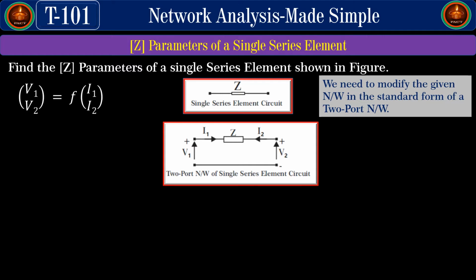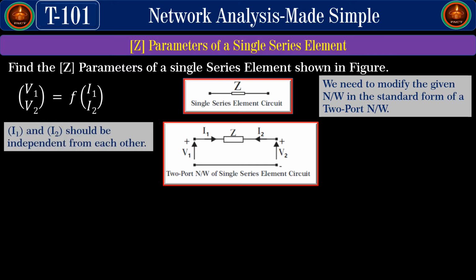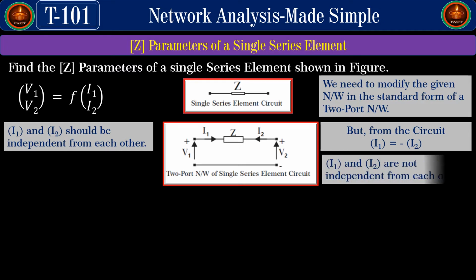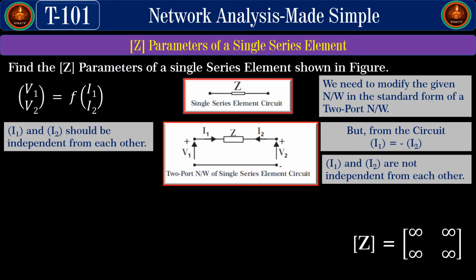You also know that in case of Z parameters, V1 and V2 are dependent variables and I1 and I2 should be independent of each other. But from the given circuit, you find that I1 is equal to minus I2. So, I1 and I2 are not independent of each other. If you know this information, straight away you can say that the Z parameters are undefined.